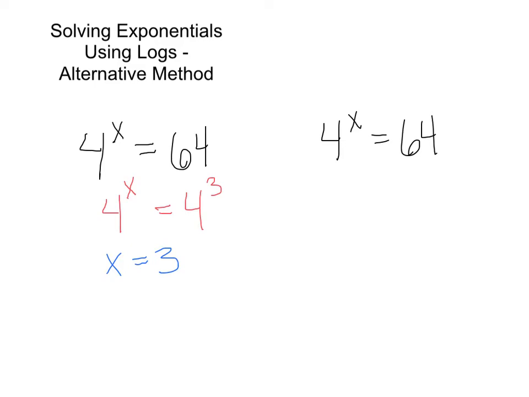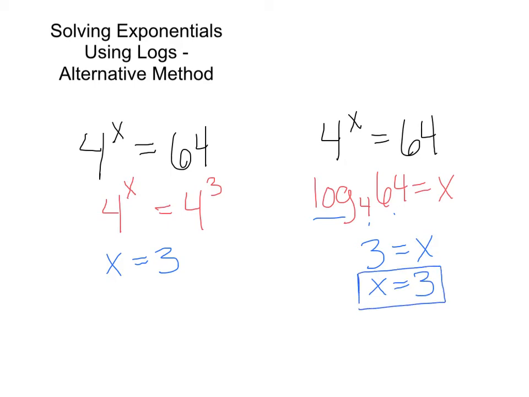This means the log base 4 of 64 equals x. In this case, we can actually evaluate this because this is the power that makes 4 into 64, and that power is 3. So x equals 3, or 3 equals x by the symmetric property. So we just solved this equation using logs.